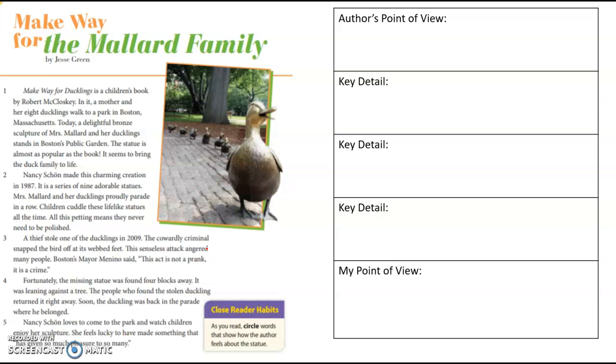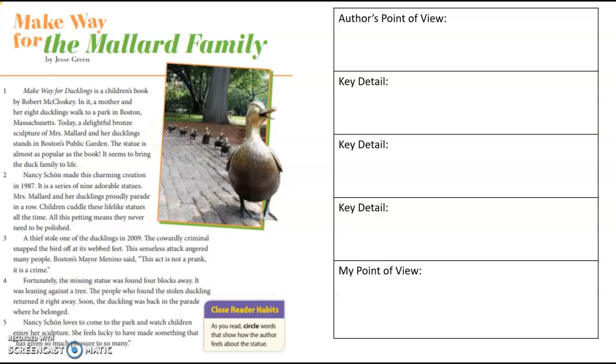So this is called Make Way for the Mallard Family. Take a look at this picture. What do you see in the photograph? Okay, you probably said that you see a mother duck walking with all of her baby ducks.